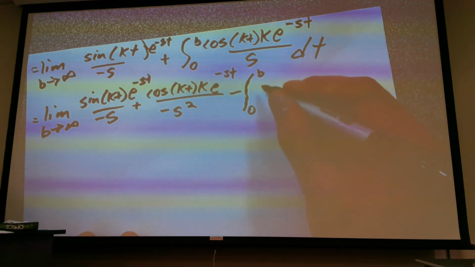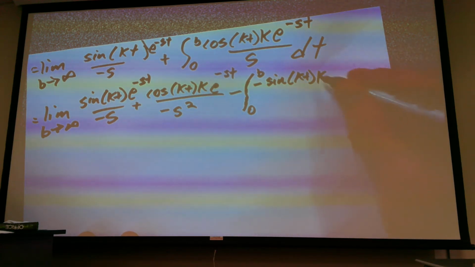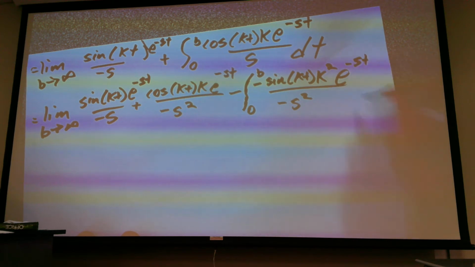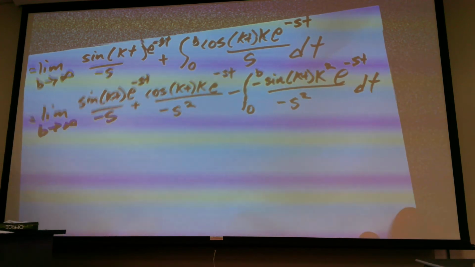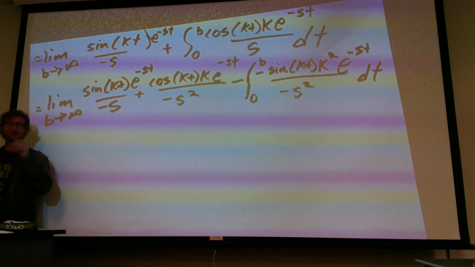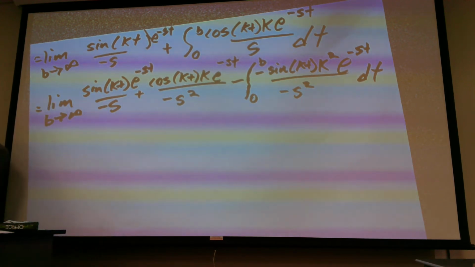The derivative of cosine is negative, now sine of kt times k squared, now divided by negative s squared, and this e to the minus st, the integral with respect to t. You have to pay attention to all of those minus signs, because we have to have this thing coming out being negative. Okay? The last term needs to be negative, so that we can add it to the opposite side of the problem.